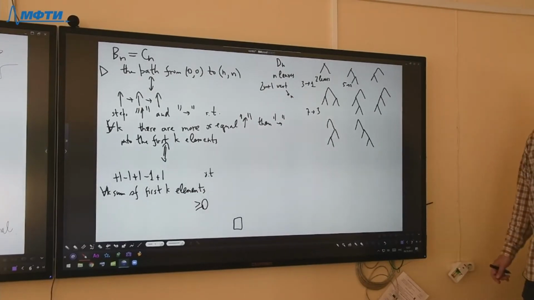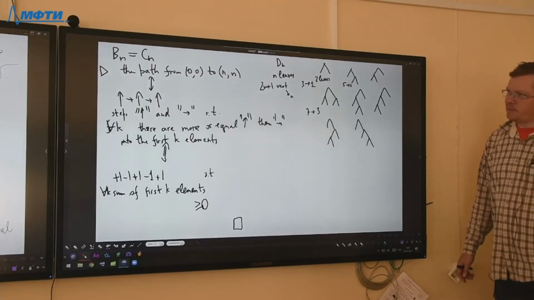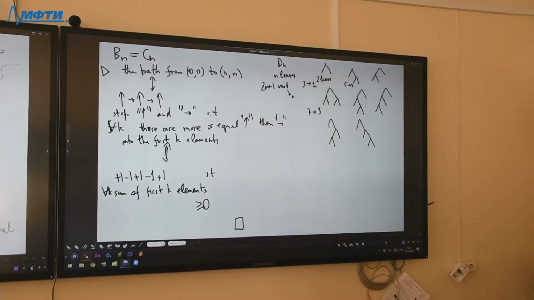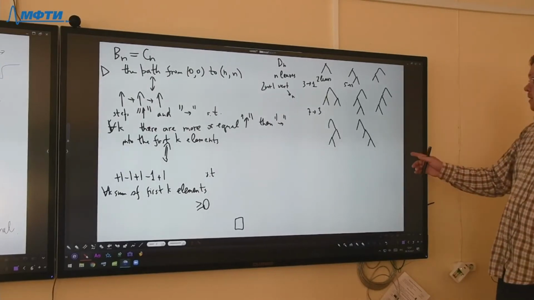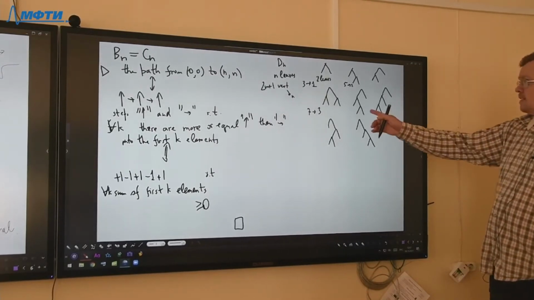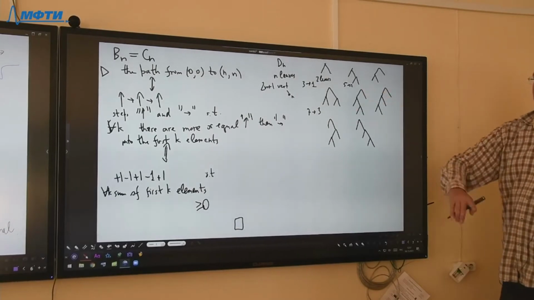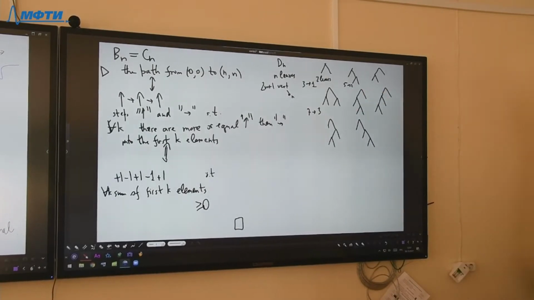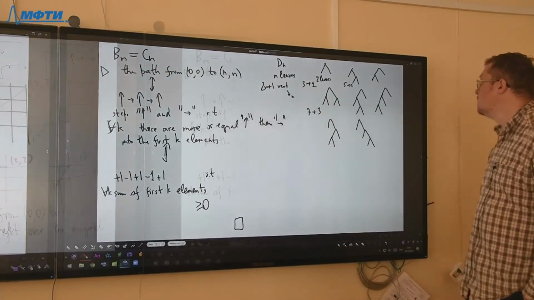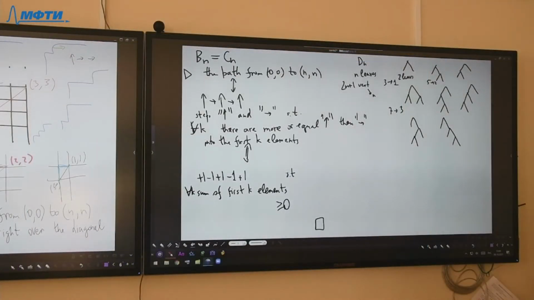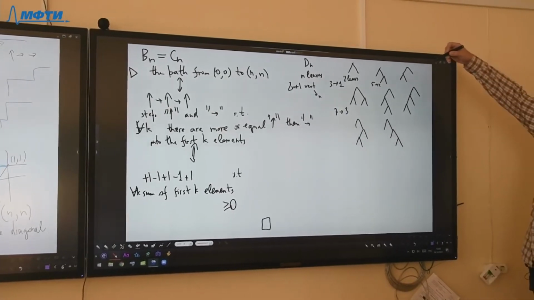Could you explain it? How do you provide the diagonals? I think it is simply the same as brackets or paths from (0,0) to (n,n).